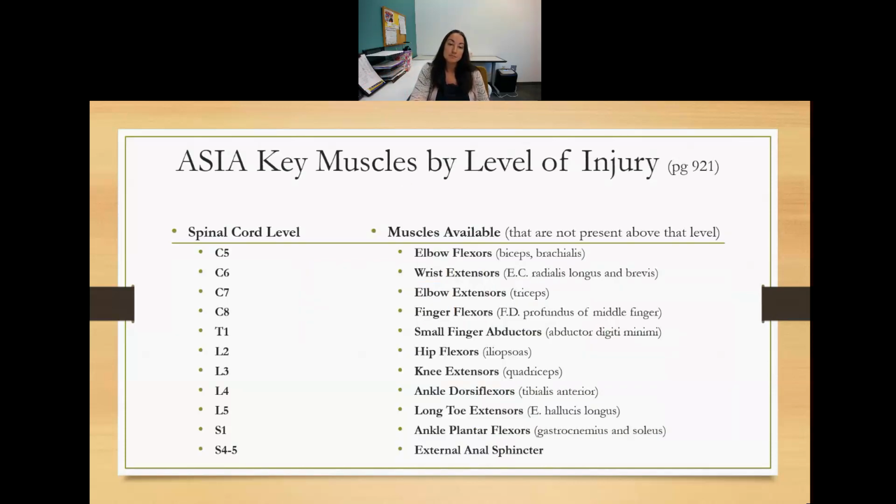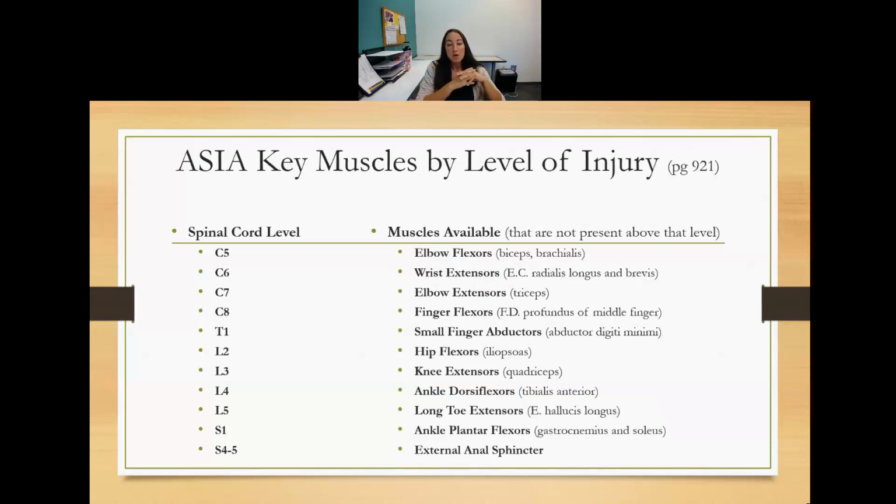Okay, key muscles. These are muscles that should be present if there's an injury at that level. We'll look at the way that the nerve roots exit. That can help clarify how they get the level and how they name it.